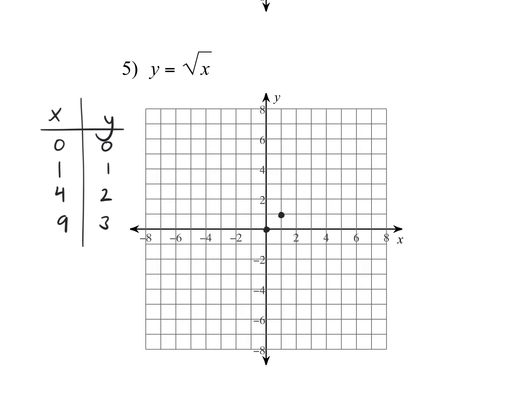0, 0, 1, 1, 4, 2, and then 9 is just past that, and then over 3. So if I connect all these points, the square root graph is always going to continue in one direction, but it will have an end point. So this one stops at 0, 0, but goes all the way to positive infinity for my domain, and same thing for my y's.